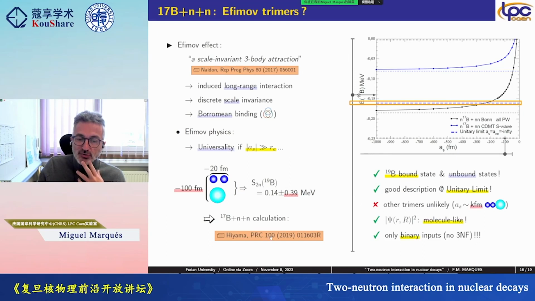Another conclusion of this paper is that it is unlikely that we have other trimers, so Efimov trimers, and this is because light-heavy is not very well suited for this Efimov effect. It would be easier if the three particles had equal mass or if two of them were heavy.